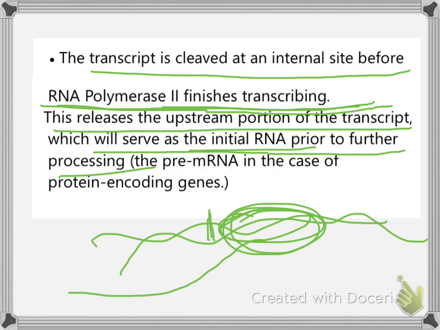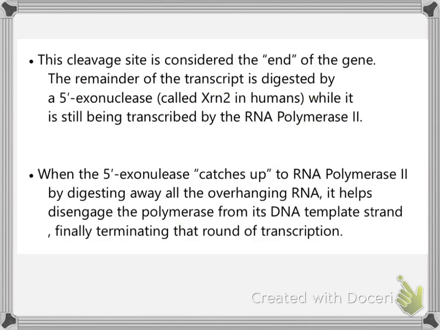If this is the end of the DNA to be transcribed, again the RNA polymerase will transcribe the RNA, and at internal positions it will be cleaved, and this released RNA is called the primary transcript. And that cleavage site is considered as the end of the gene.